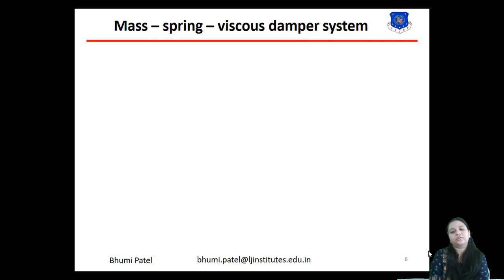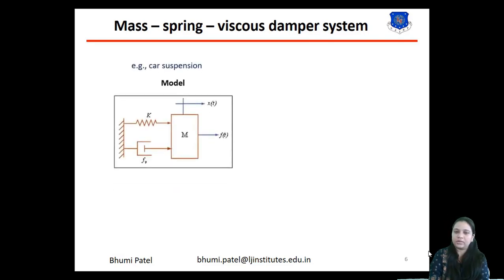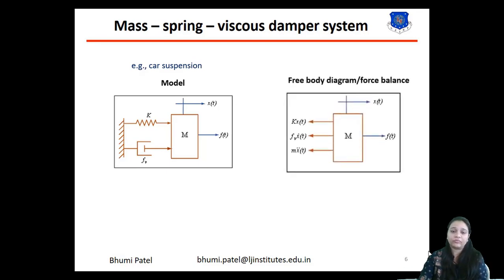We can take one example: car suspension. Here you can see that f(t) is our input element, mass, spring and friction are given, and x(t) is our final displacement. So on the right hand side there is a free body diagram of this system.